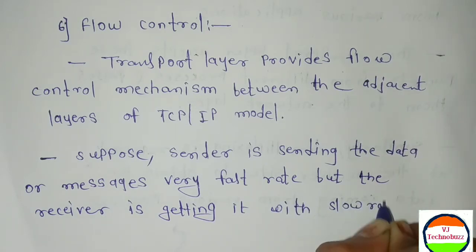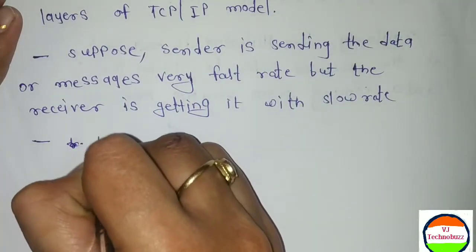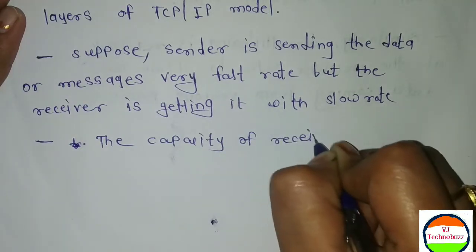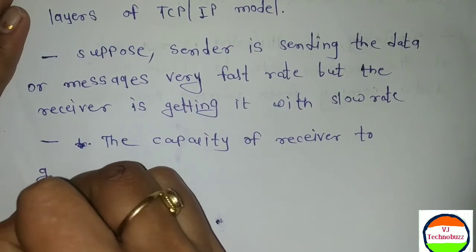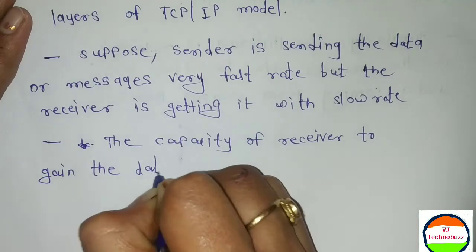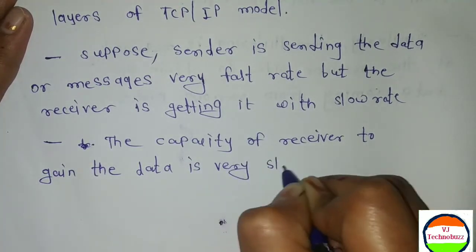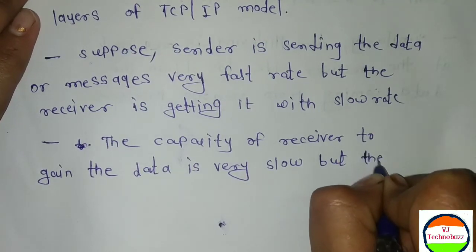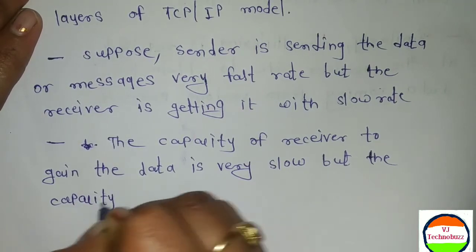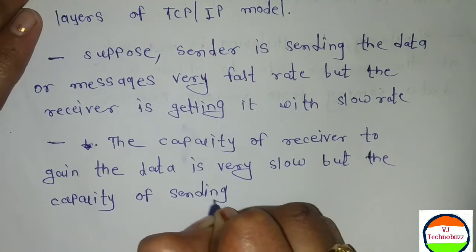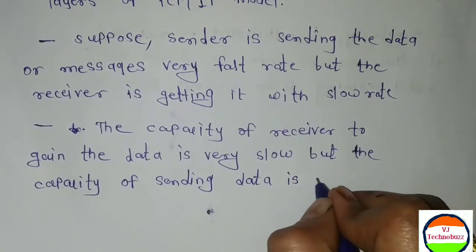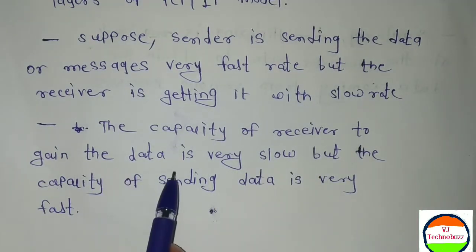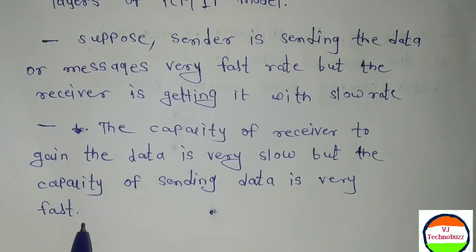The capacity of the receiver to gain the data is very slow, but the capacity of sending data is very fast.